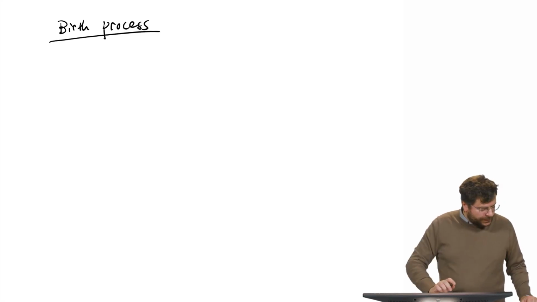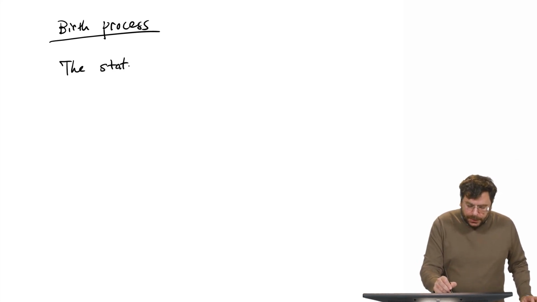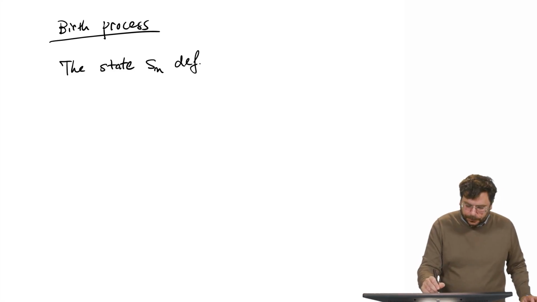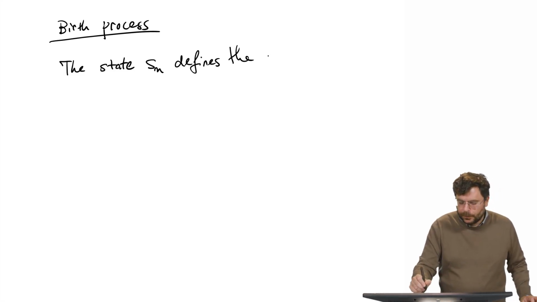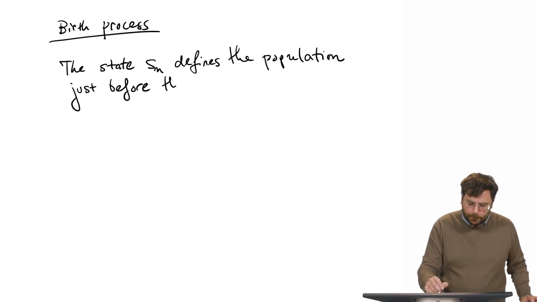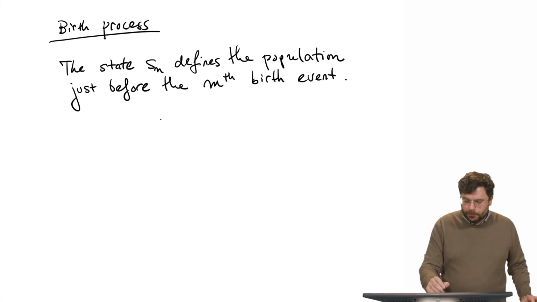So let's say a couple of things about the birth process. The state Sn here defines the population of your group just before the mth birth event.